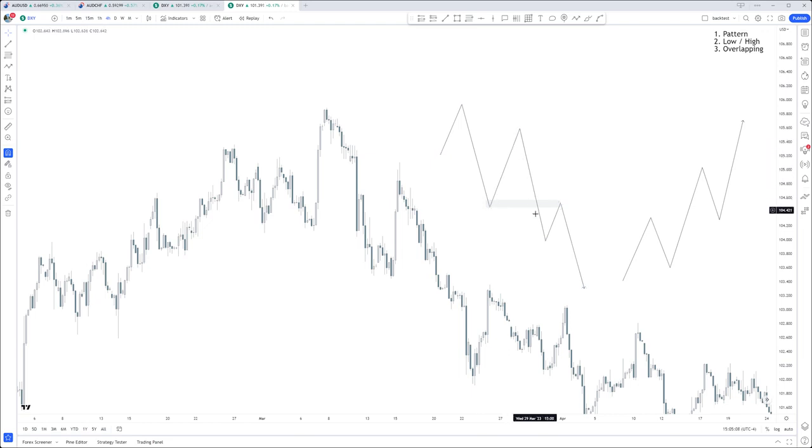Once we move lower and we retrace back up to this low, then the buyers in this leg have a chance to mitigate their buy orders, aka take a loss, or take a break even, and then price is able to continue lower.